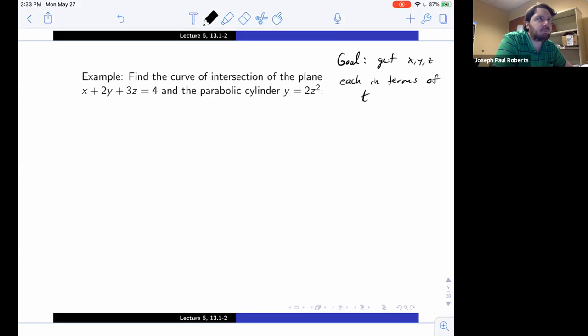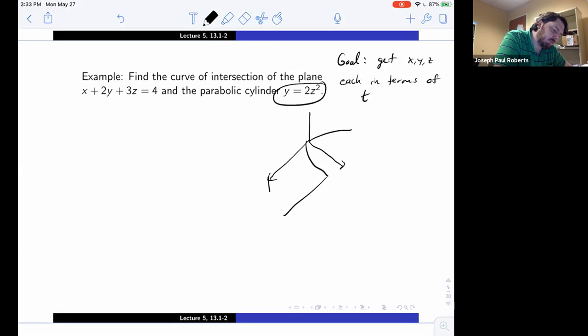Because we started our discussion on the very first day of class: when you have an equation, that's a surface. For example, y equals 2z squared. I notice x is missing, so I end up getting a parabolic cylinder.